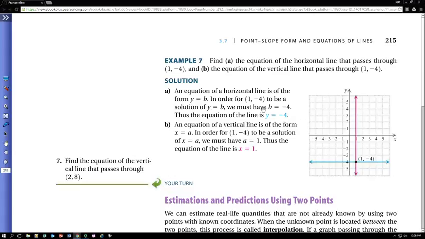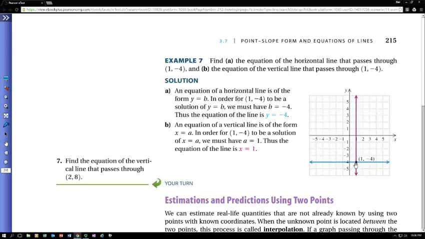There's my equation. Now a vertical line is kind of like that. I have 0 times y. I like looking at the ordered pairs.